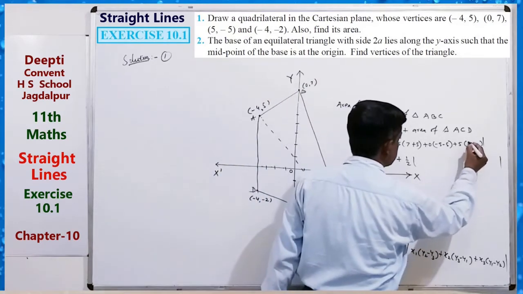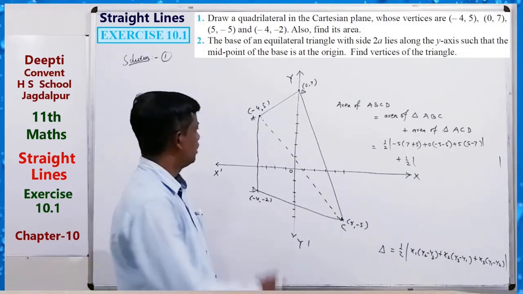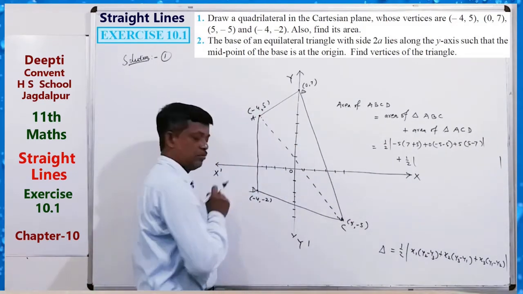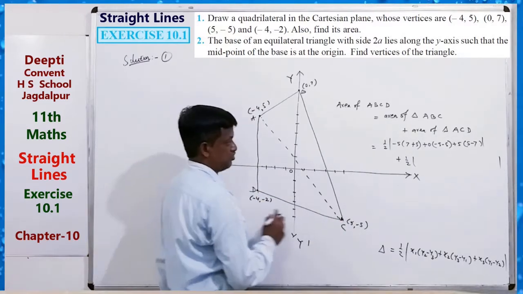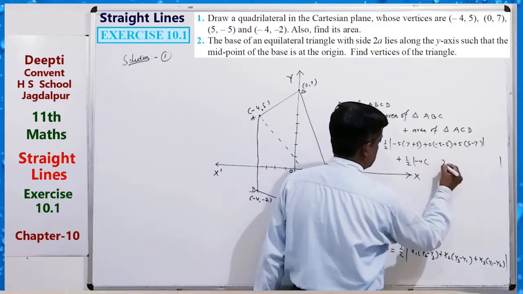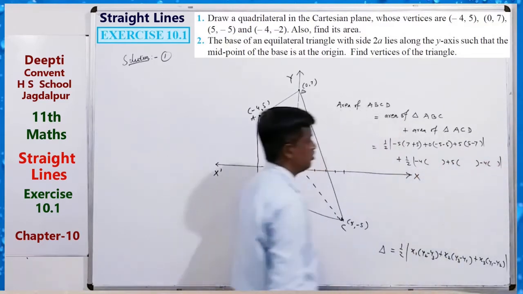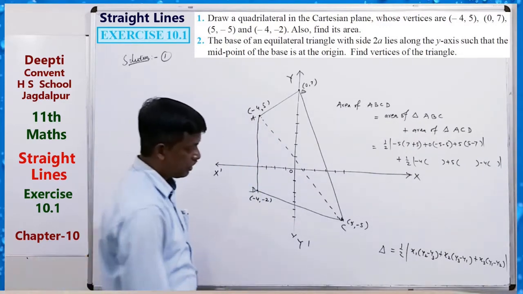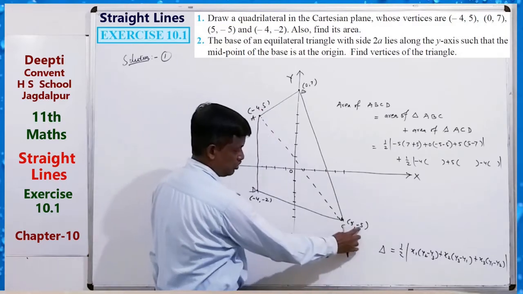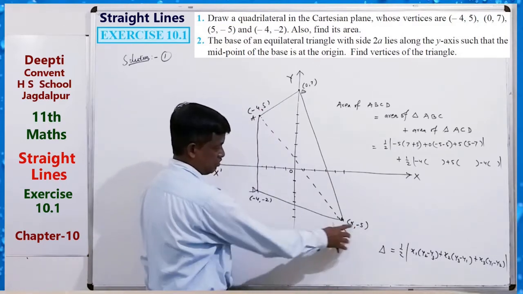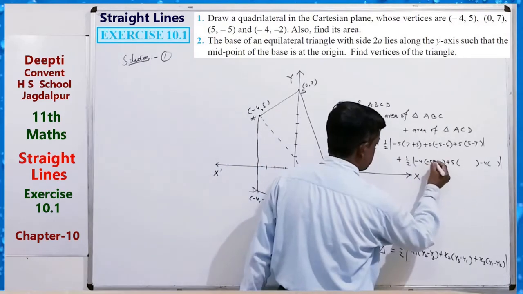Similarly for the second triangle, x1, x2, x3 are -4, 5, -4. Then y2 minus y3 is -5 minus (-2), so -5 plus 2.